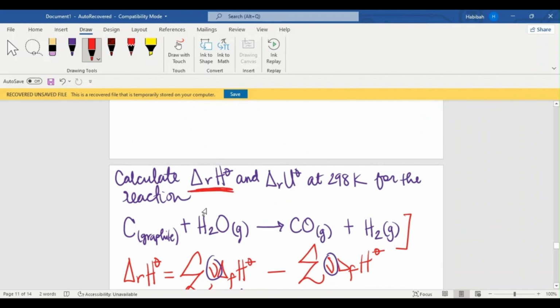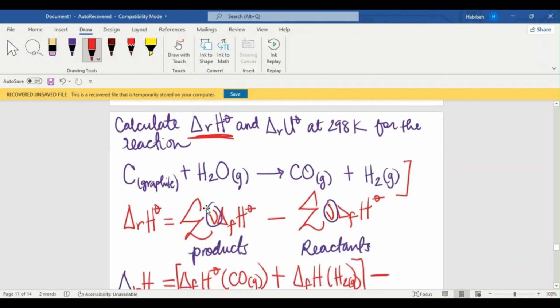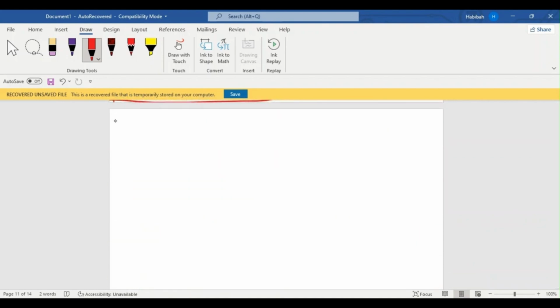Now we have to know the change in internal energy of reaction. The first thing to note is that this formula is what you need anytime you're given the change in enthalpy of reaction but not the change in internal energy of reaction.